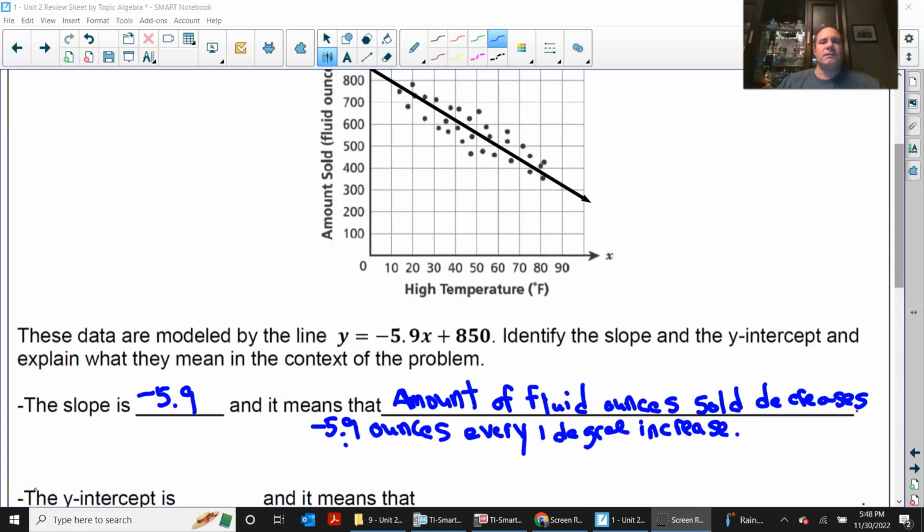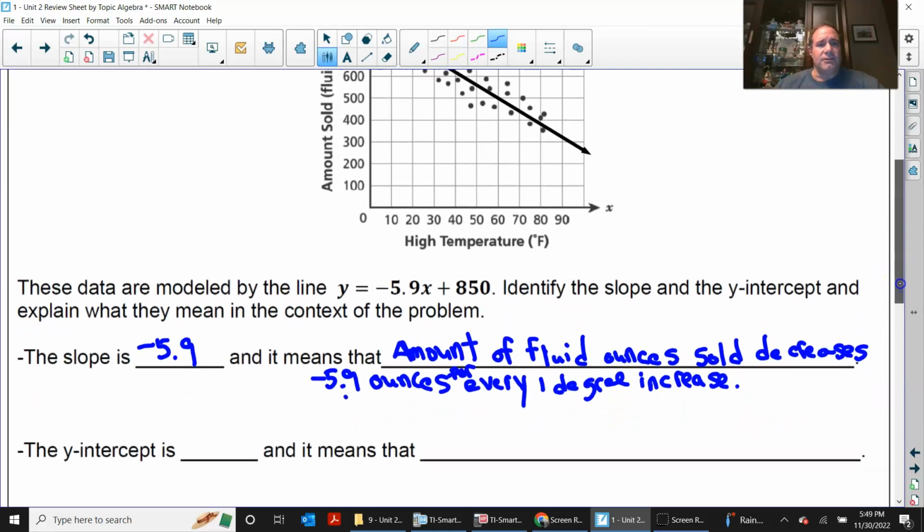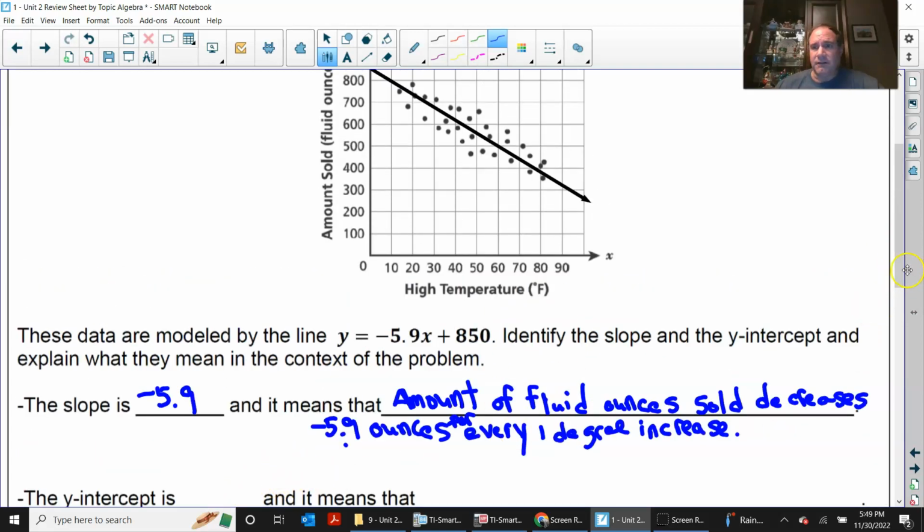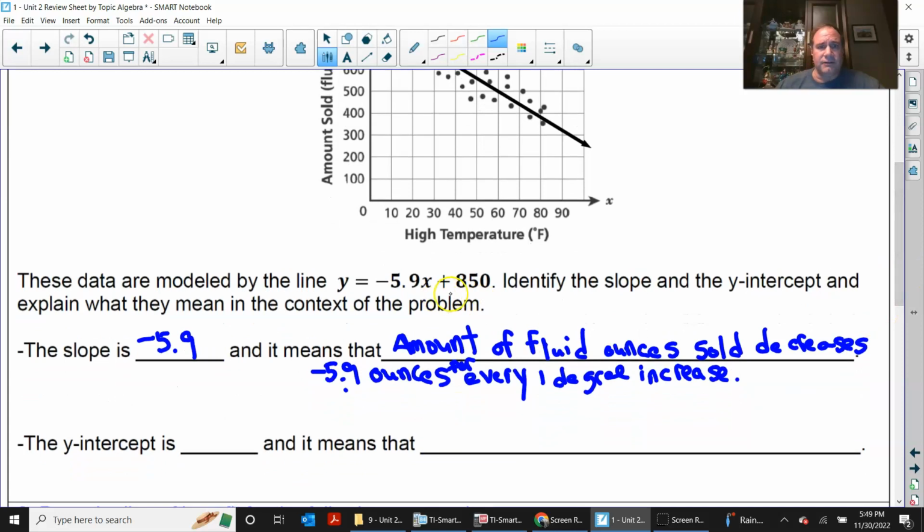So this is what I wrote. The amount of fluid ounces sold decreases 5.9 ounces for every 1 degree increase. And the y-intercept is actually right here. This is your y-intercept. This is 850.